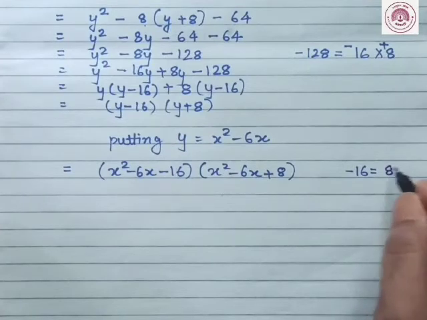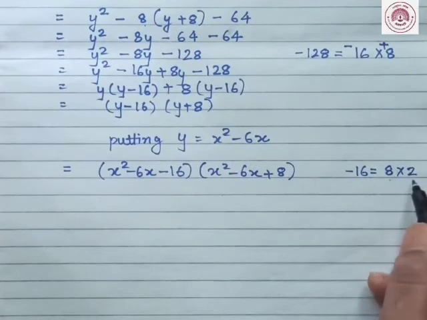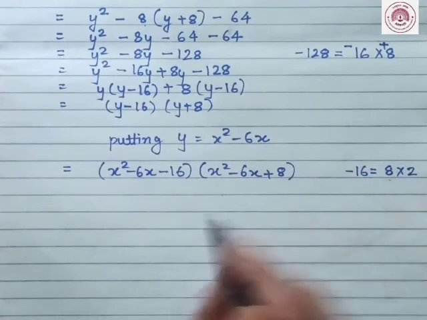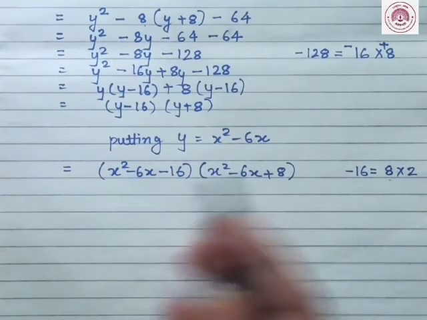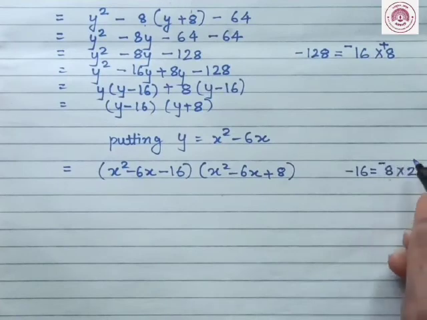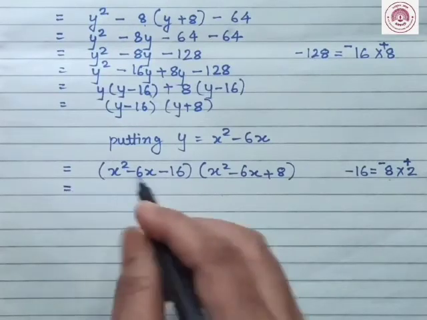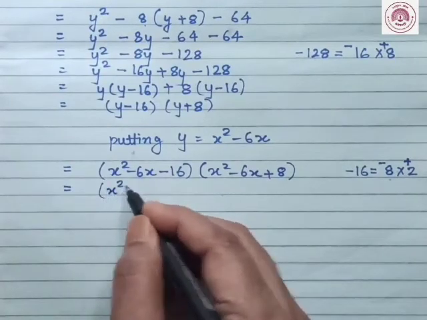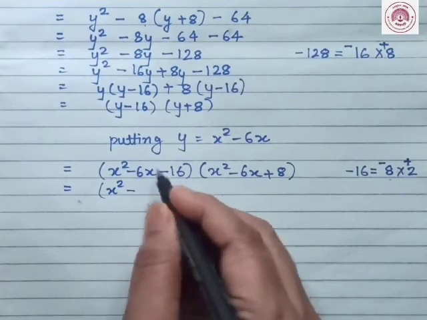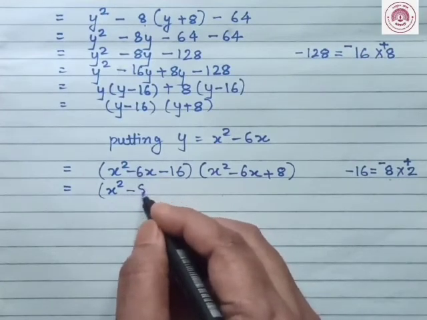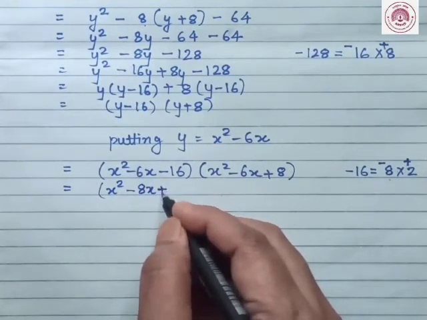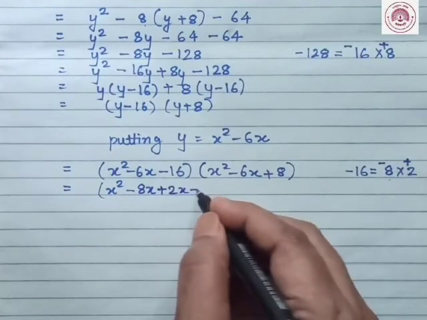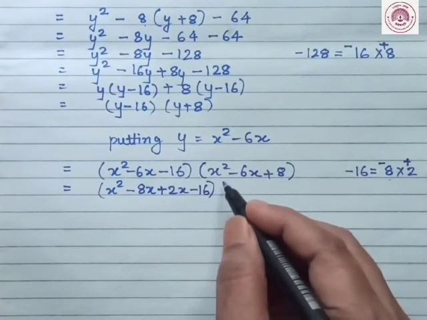So 8 multiplied by 2 is 16 and 8 − 2 is 6. And here as the middle term is negative, the greater number will carry a negative sign and the smaller number will carry a positive sign. Okay, so we'll factorize this. So x² as it is, then we'll split this −6x as −8x + 2x − 16. So first one is done.